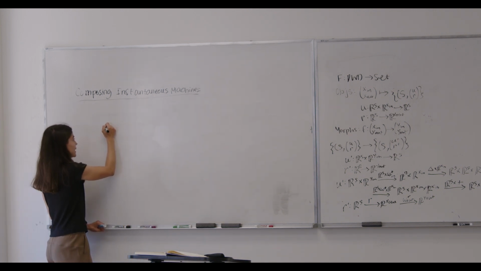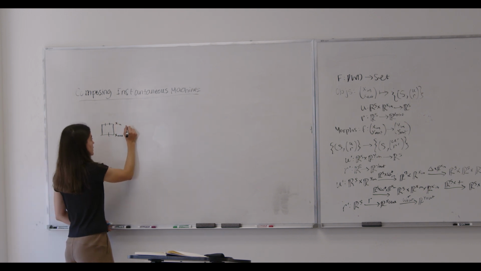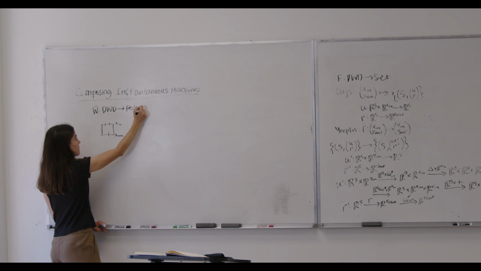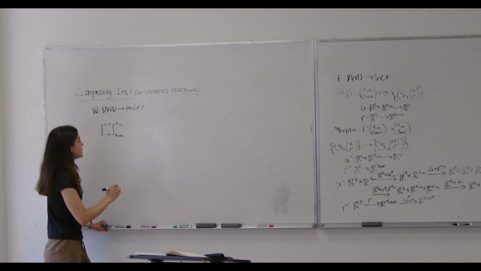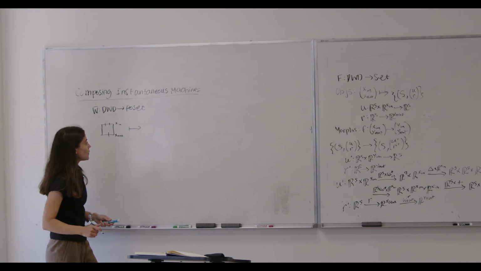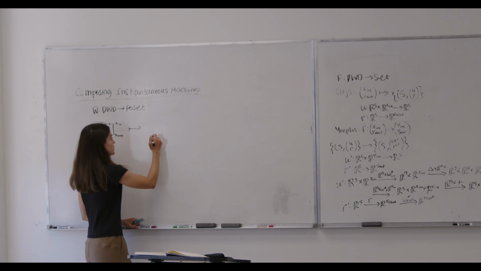So if we have some x in, x out, we want to define, so we're going to call this a functor. We're going to call this W, and we want to define a functor DWD to Poset. And we want to map this to really the set of all dependencies on here, but we need to give it a poset structure too.